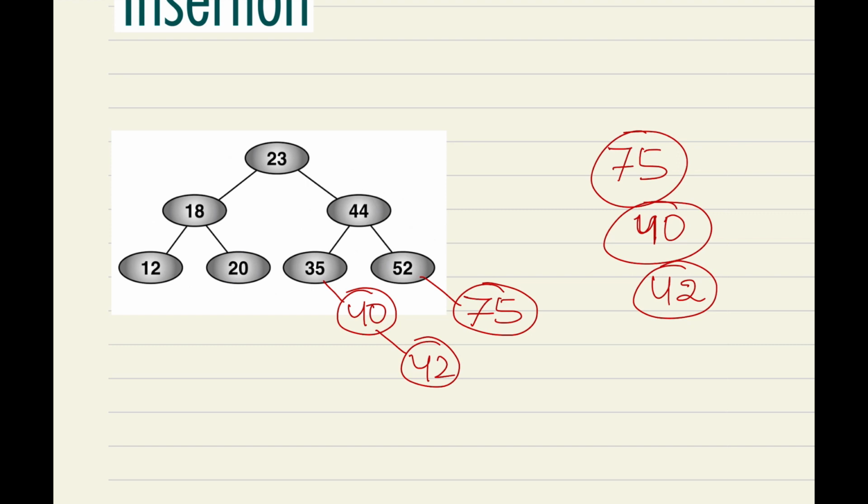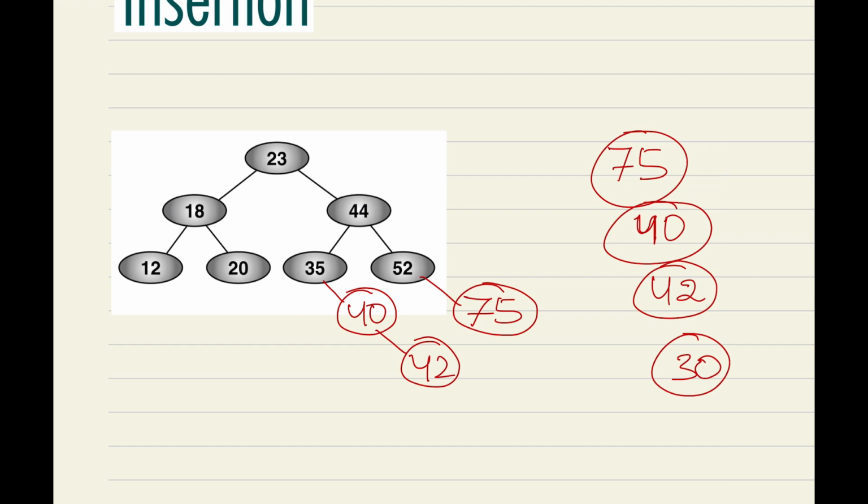Now suppose we want to insert another node, suppose consider 30. So now apply the same principle. So compare 30 with this 23. So 30 is larger, so move to the right subtree.